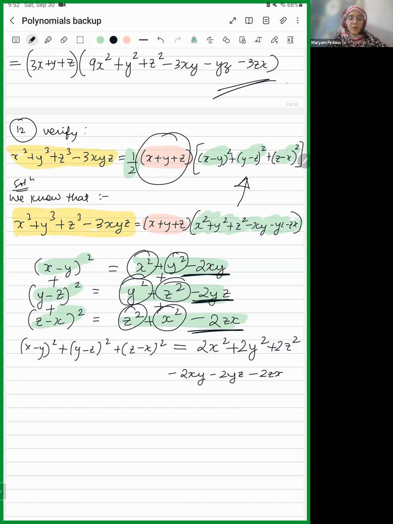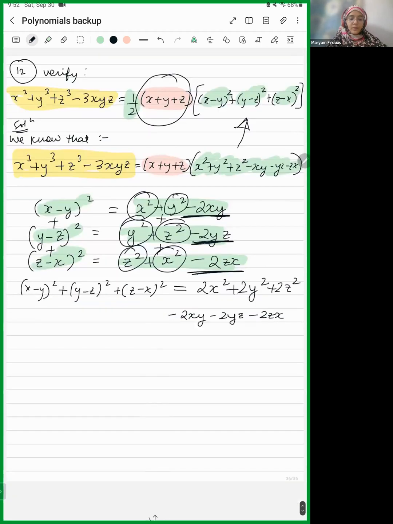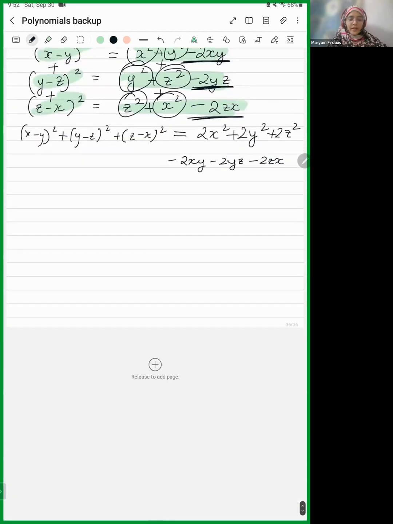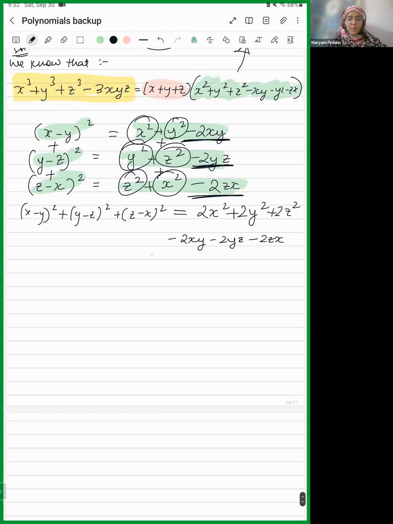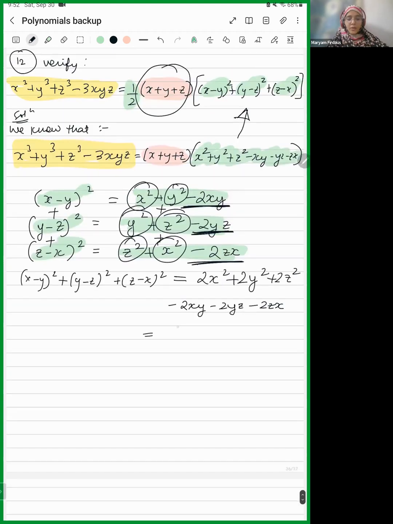Okay. Now, from here, can we take 2 as common? Because in every single term, you have 2. So can we take 2 as common?